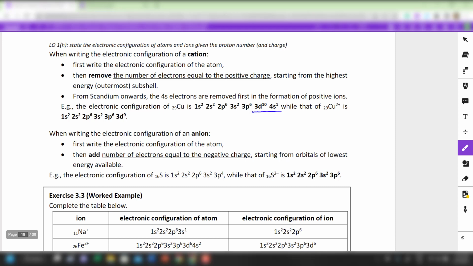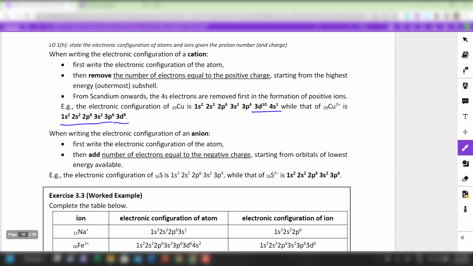For copper 2 plus, the electronic configuration will be the argon core then 3d9. Do remember this, because if you remove them wrongly, your electronic configuration for cation and anion will be written out incorrectly. And of course when you add electrons, you add them into the valence orbital as well.